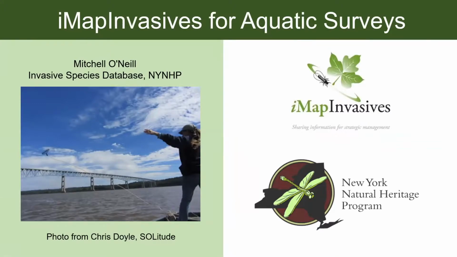Before joining New York Natural Heritage Program, Mitchell received his master's in natural resources from the University of New Hampshire in 2018, where he studied the geographic distributions of terrestrial invasive plants. Mitch has also worked as a Watercraft Inspection Steward in New York State, surveying boaters and inspecting watercraft for aquatic invasive species. So Mitchell is going to present on the aquatic invasive species and some of the SAS Pro application that LISMA is going to be using this summer.